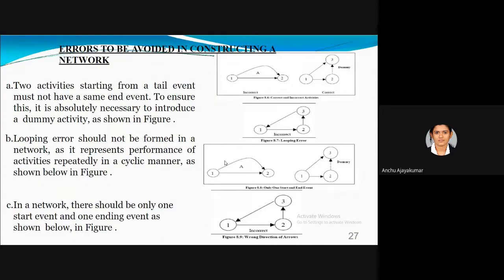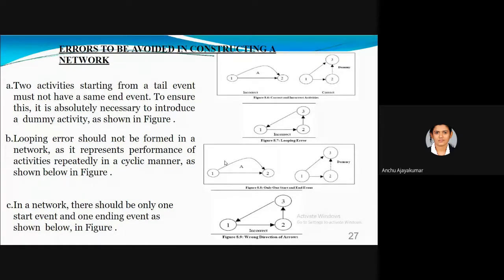Some of the major errors in a network which we draw: first one is figure 8.6. From a single node 1, two arrows are emerging. That first diagram is not correct. It can be represented as two different nodes and you can give an interconnection using a dummy. That is the correct version.